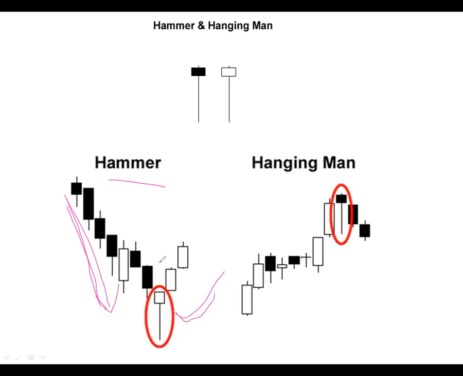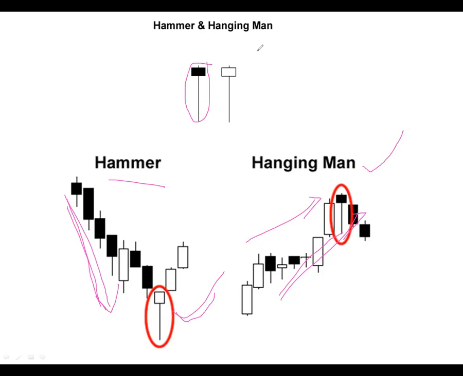We'll explain. Now, when you see the sell doji candle in an uptrend, a buy trend, a trend that is going up, that doji candle is not just a doji candle, but it is called a hanging man.